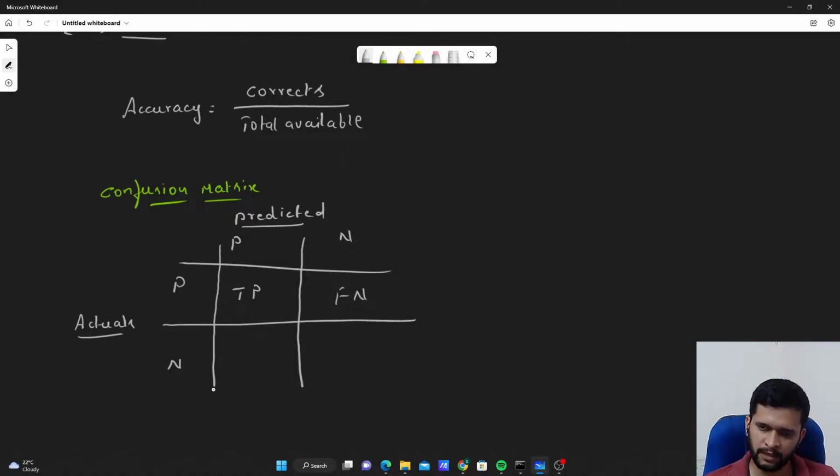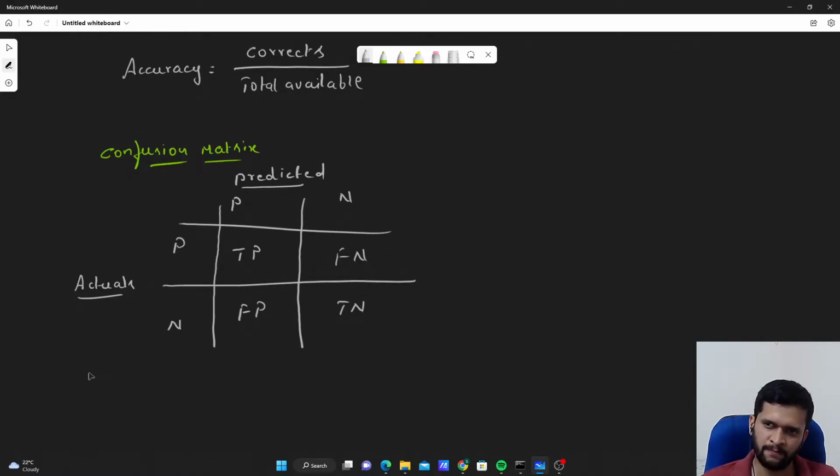Coming to negative actuals, if our actual classification is negative but we predicted it to be positive, it is called false positive. And if both are negative, that is, if actual is negative and predicted is also negative, it is called true negative. So this is how a simple confusion matrix looks.